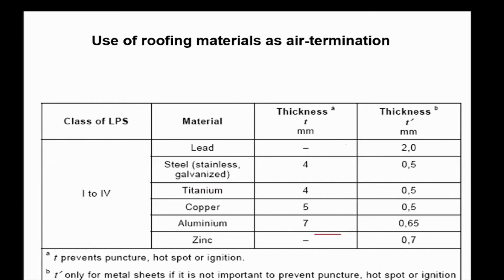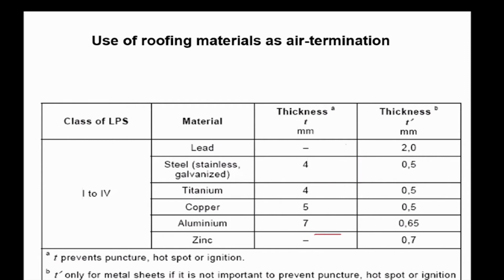And then we are coming to a very important point. You can protect your building with natural components. What does that mean? Natural components means not something that happens naturally, but any component of the building which is not meant for lightning protection, but meant for some other purpose.